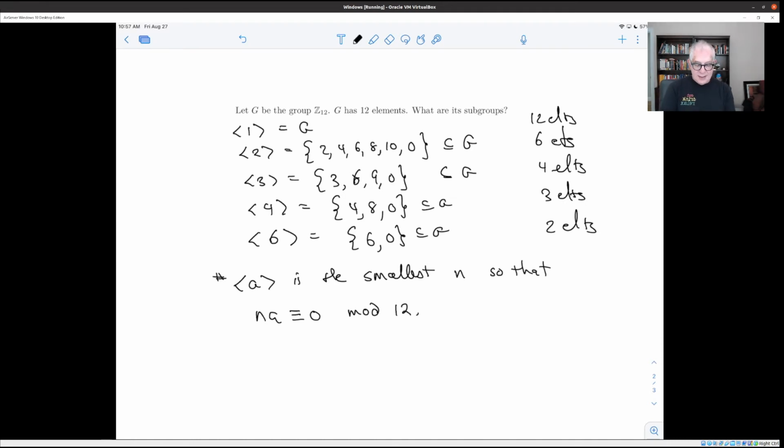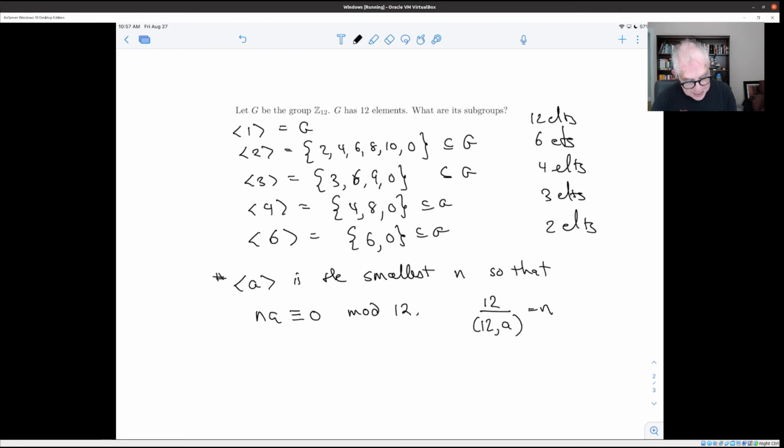And that number is, if we take the greatest common divisor of 12 and A, it's 12 over the greatest common divisor of 12 and A. So for instance, in the case of 2, the greatest common divisor of 12 and 2 is 2, and 12 over 2 is 6. The greatest common divisor of 12 and 3 is 3, and 12 over 3 is 4.